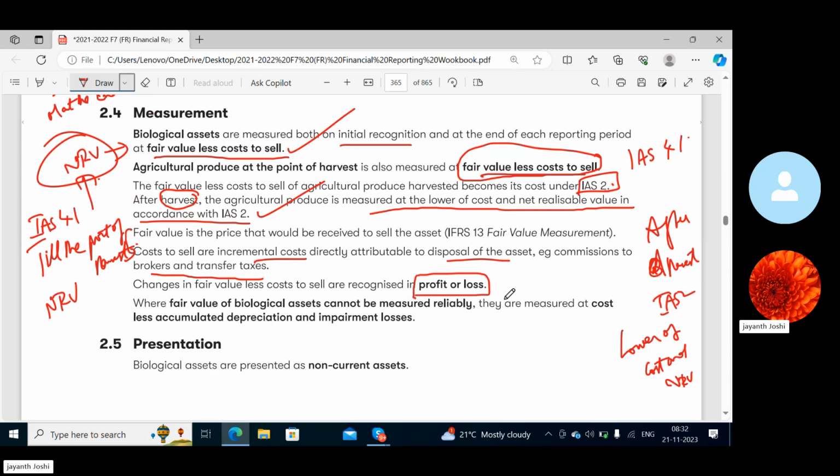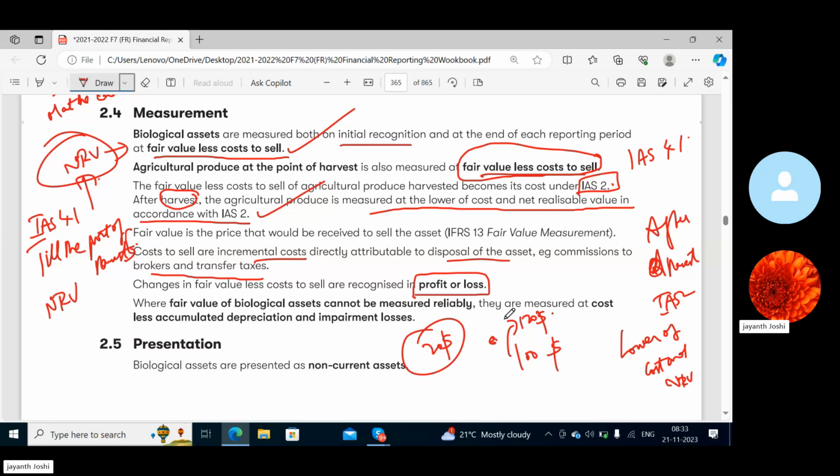Changes in fair value less cost to sell are recognized in profit or loss. Very important feature. So now you have the fair value of your agricultural produce, that is $100. It has gone to $120. You have to recognize $20 as profit. But why, you have still not sold this? The intention here is to sell; it is always available for sale.